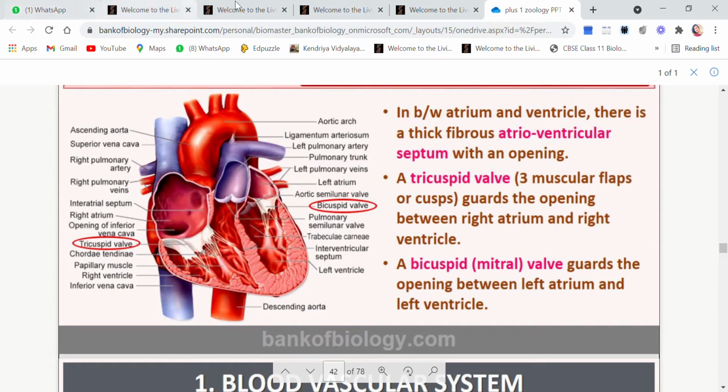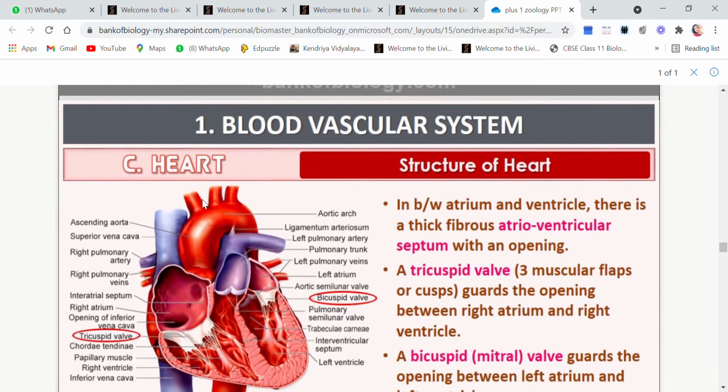Next, in between atrium and ventricle, there is a thick fibrous atrioventricular septum with an opening. So, this is right auricle and this is right ventricle.